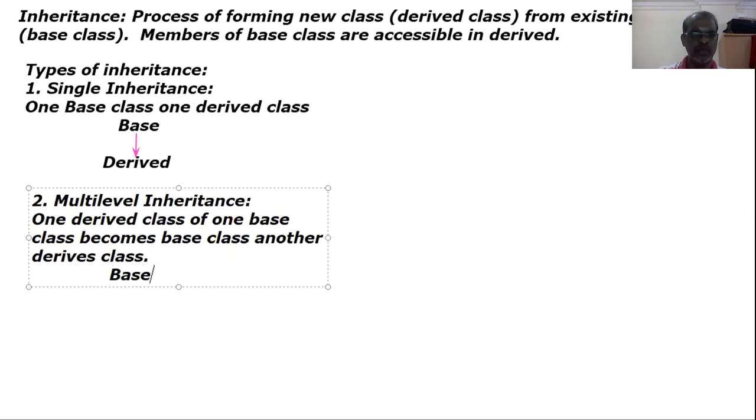This is the base, only one base. This is derived, just like single inheritance. This derived class becomes the base class for another derived class. This is multi-level, more than one level.